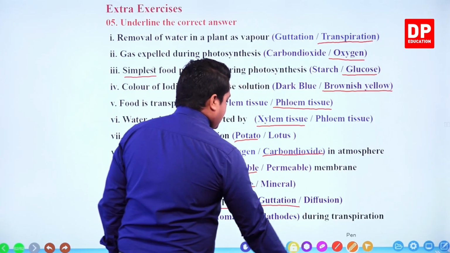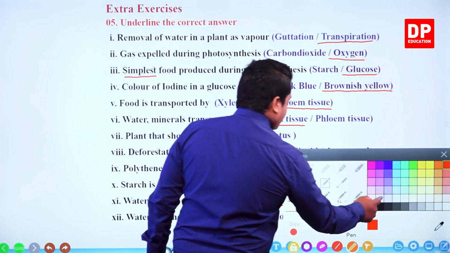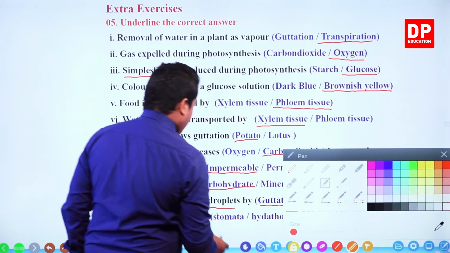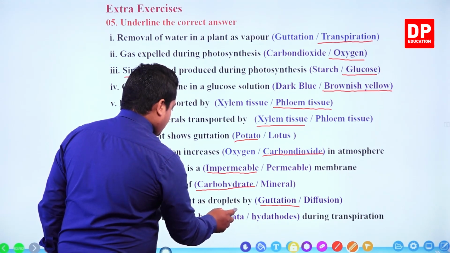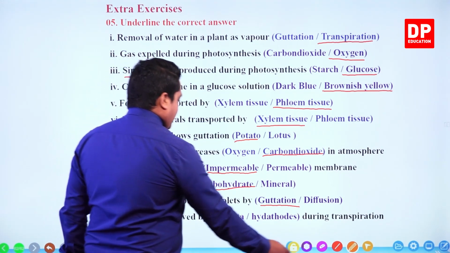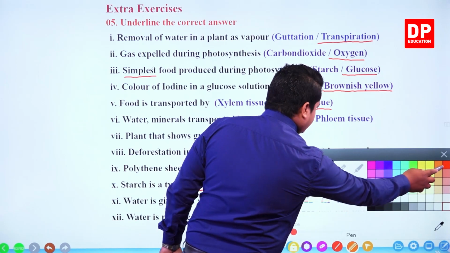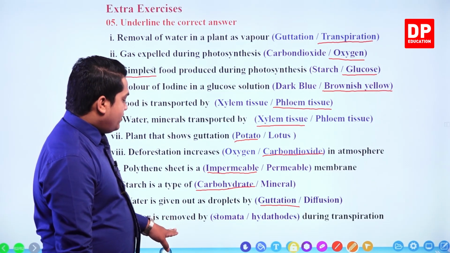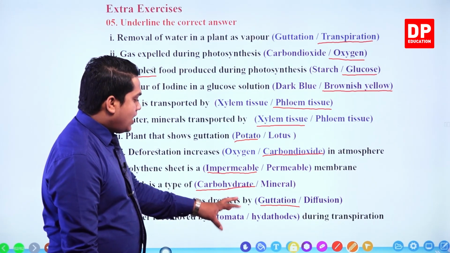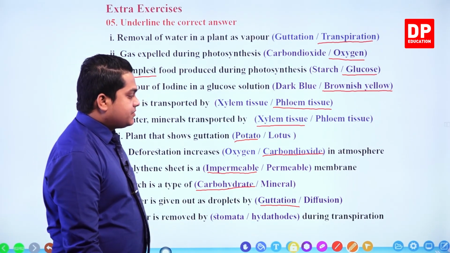I'm going to erase that line over here so that you can see very clearly. Here, water is removed by stomata or hydathodes during transpiration.